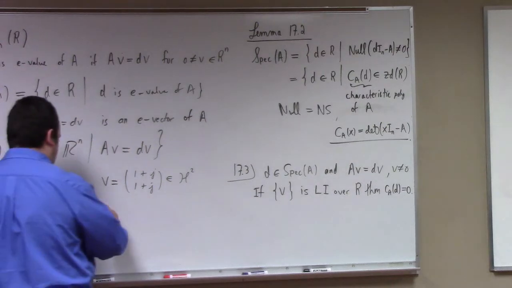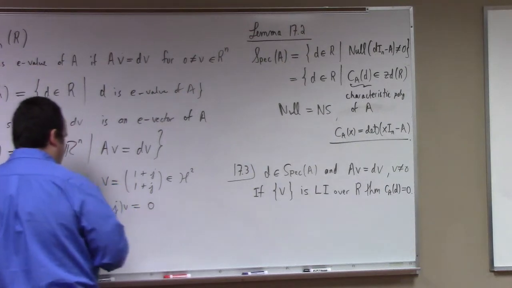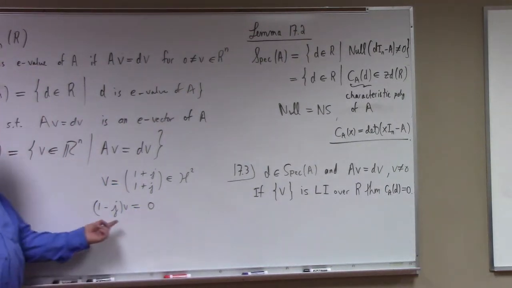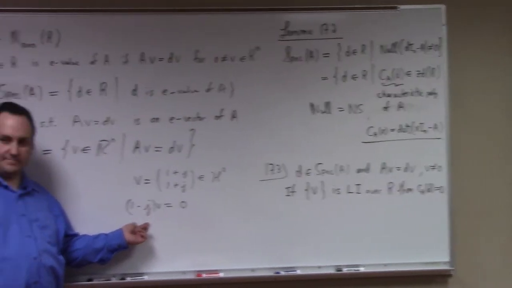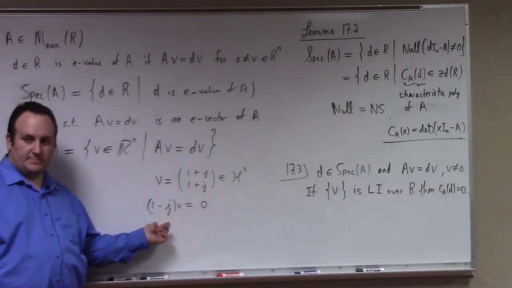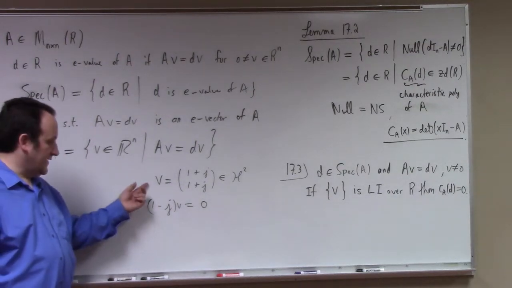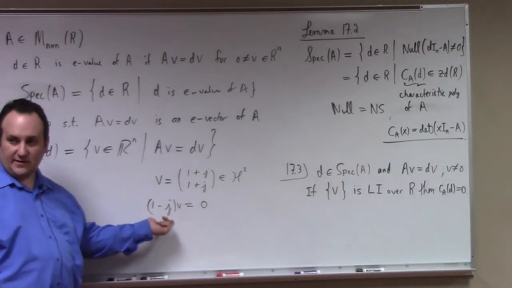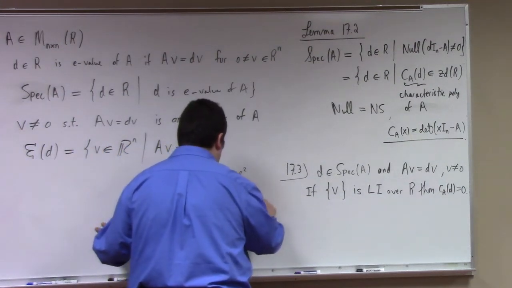Then if we look at 1 minus j times v, we get 0. So that's a non-trivial linear combination of v which is 0. So the set just containing v is not linearly independent.